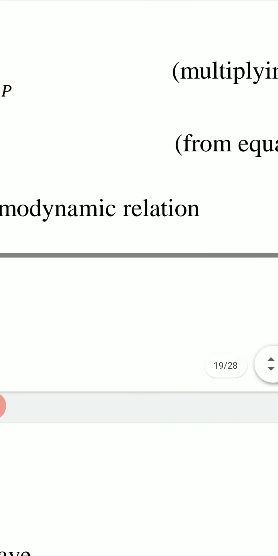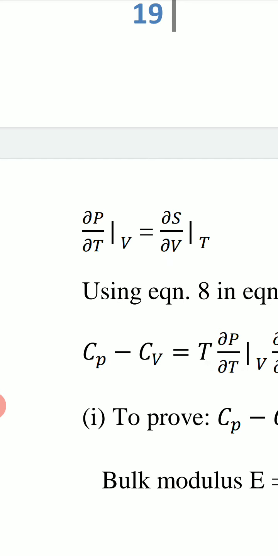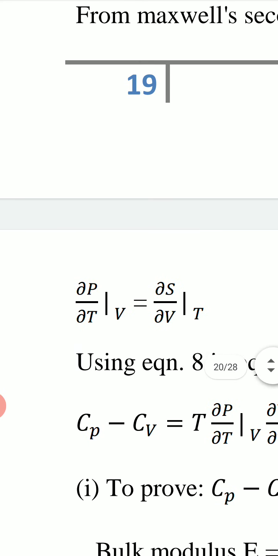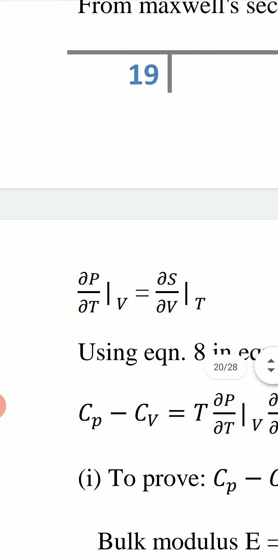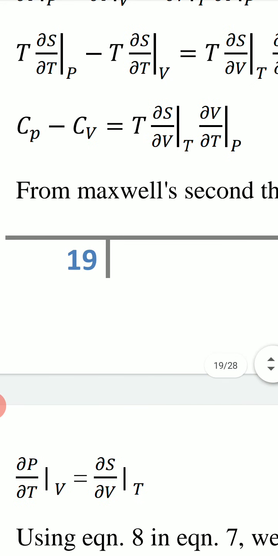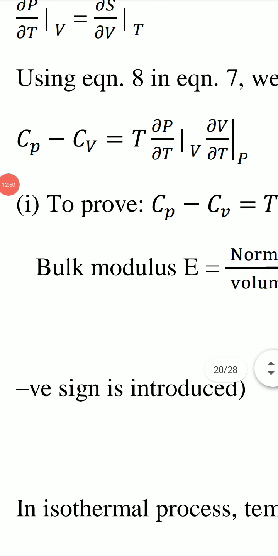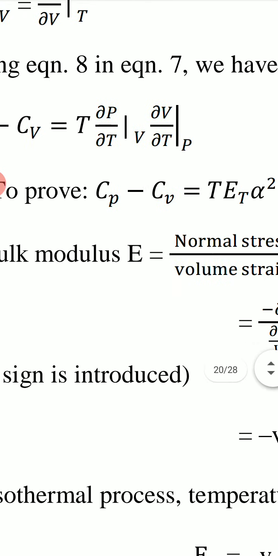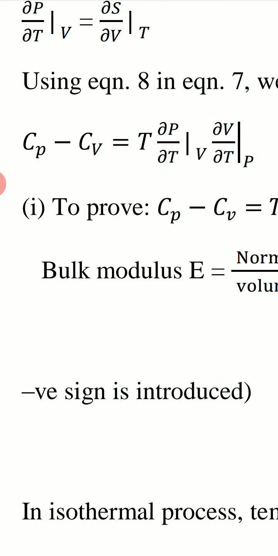From Maxwell's second thermodynamic relation, we have delta P upon delta T at constant V equal to delta S upon delta V at constant T. So from this relation, we put the value of delta S upon delta V at constant T, which is equal to delta P upon delta T at constant V. If we put this value, we get Cp minus Cv equal to T delta P upon delta T at constant V into delta V upon delta T at constant P. So this is what we want to prove: Cp minus Cv equal to T delta P upon delta T at constant V into delta V upon delta T at constant P.